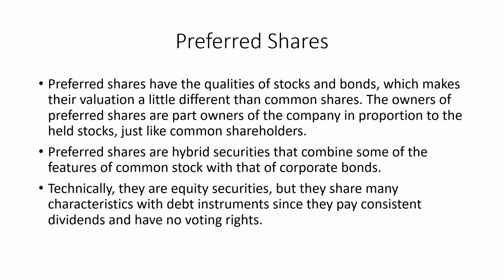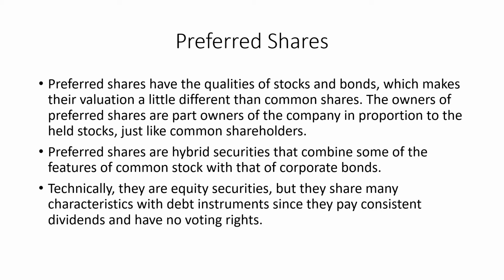The owners of shares are part owners of the company in proportion to the stock held, just like common shareholders. But they are a hybrid security that combines some features of common stock with those of a corporate bond, because the dividend we pay on a preferred stock is a well defined amount, and it cannot be increased or decreased.